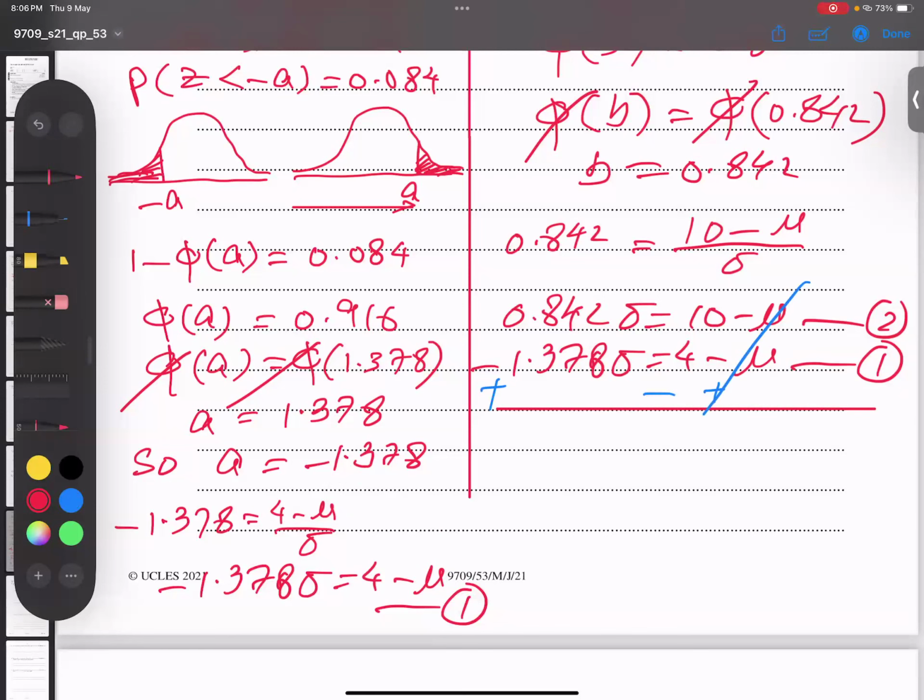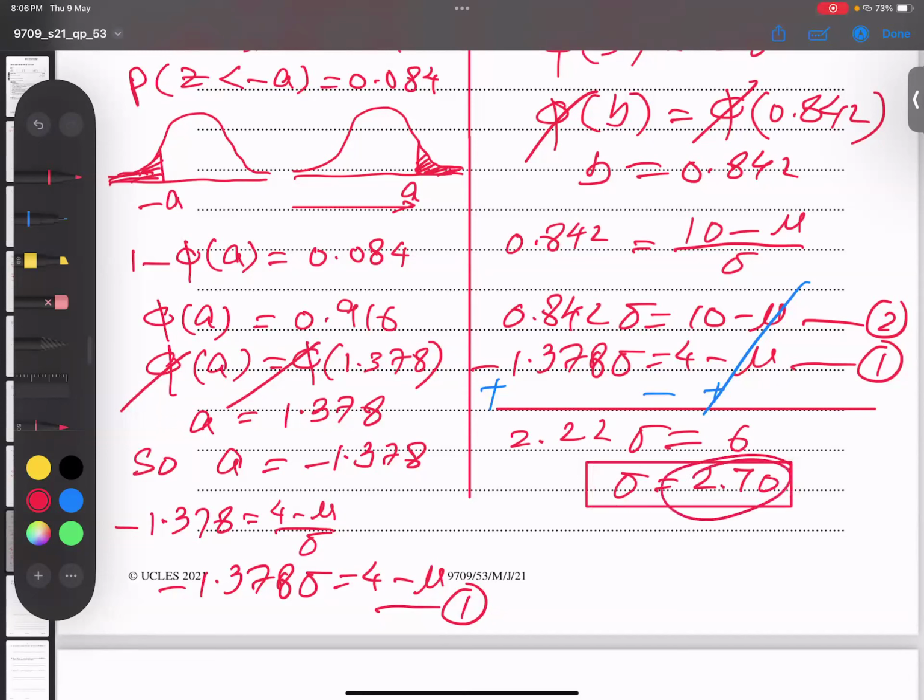Let me calculate. So 1.378 plus 0.842, one minute, please. This is coming 2.22 sigma equal to 6. And if I divide 6 by this value, I get what? 2.770.